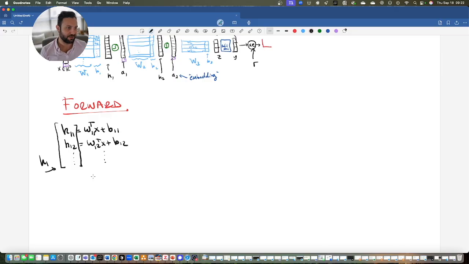Let me call this the first layer. Therefore, we have H1, which is equal to W1 X plus B1.